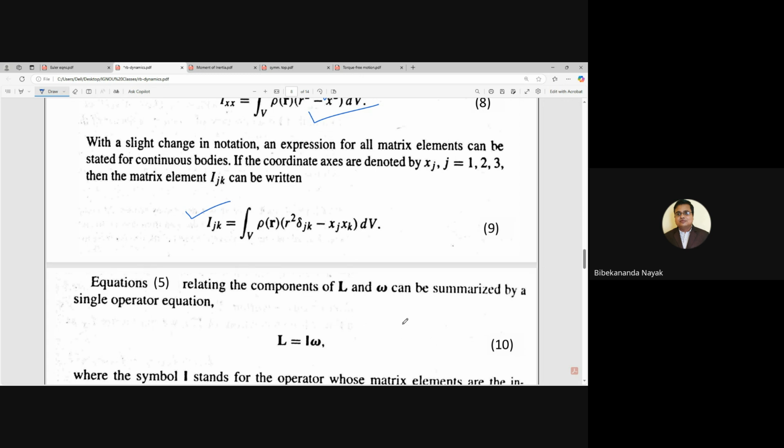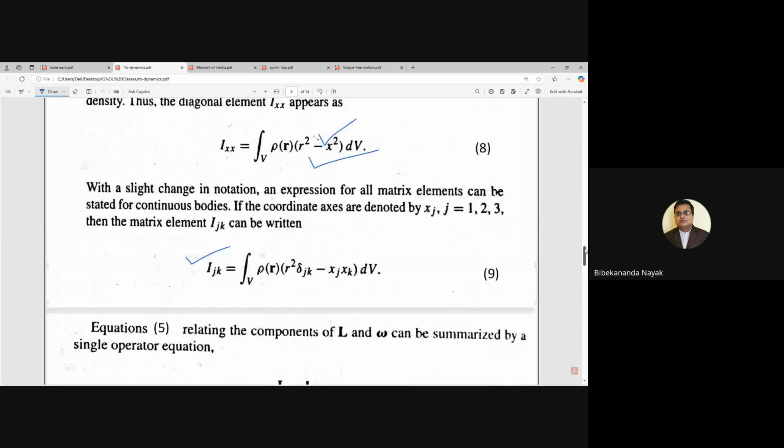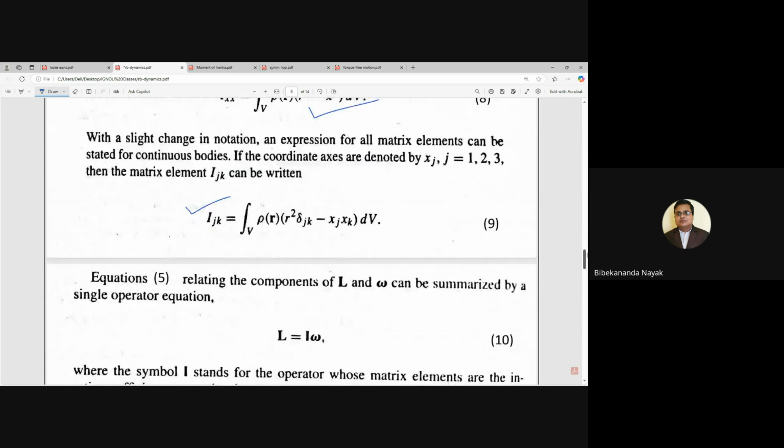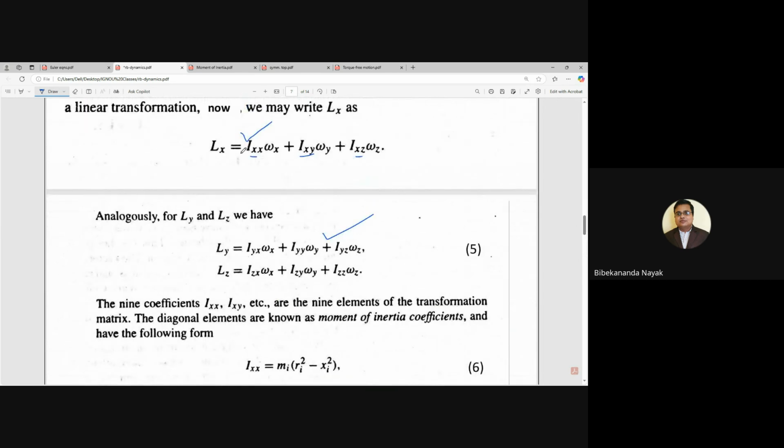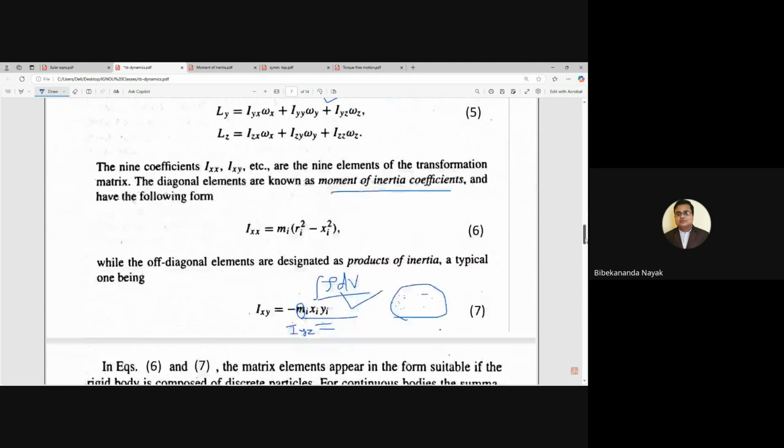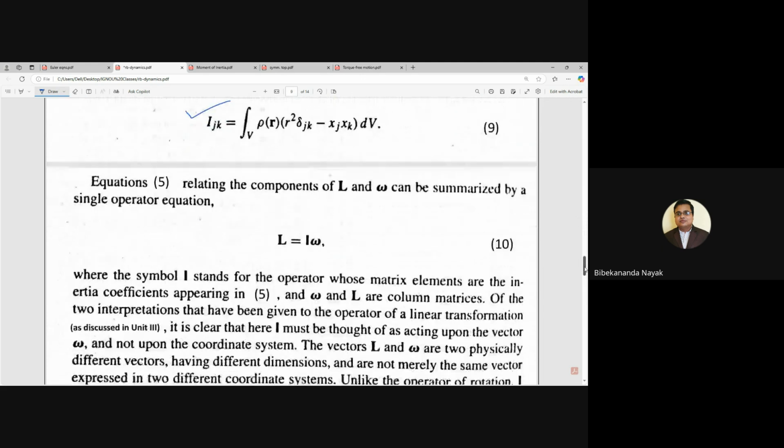So actually in this term I can write L is equal to I omega, where I has 9 components; we call it a tensor, the moment of inertia tensor. Because I can write this in matrix form. I has 9 components, Ixx, Ixy, Ixz and so on, and it multiplies omega to give you L. Okay. So this I is known as the moment of inertia tensor, which has 9 components. So L is I omega.